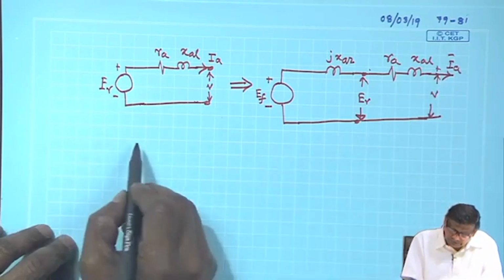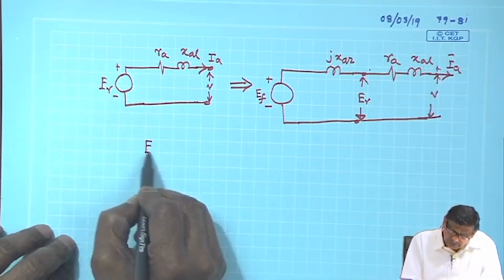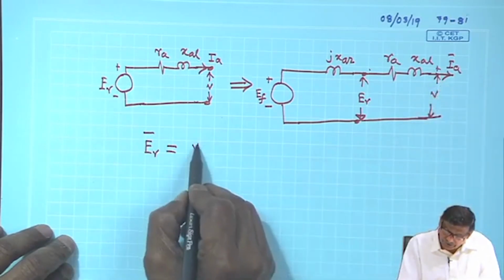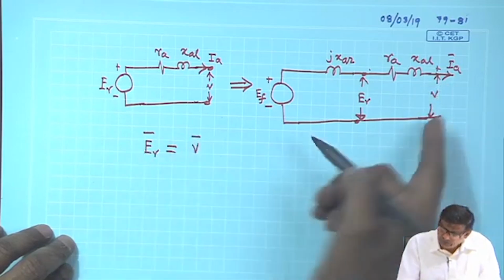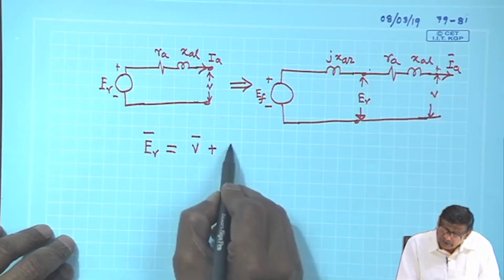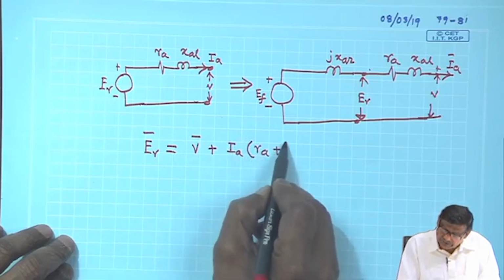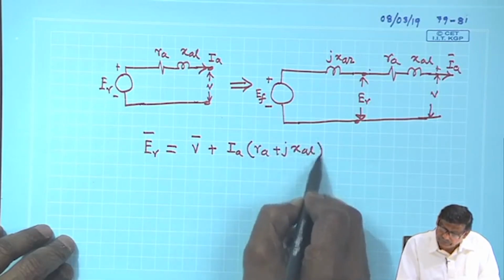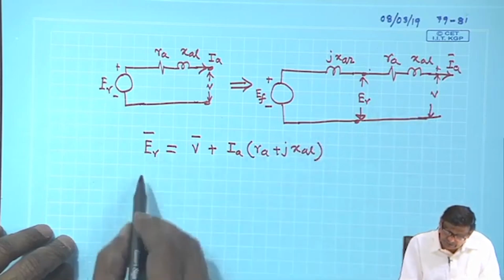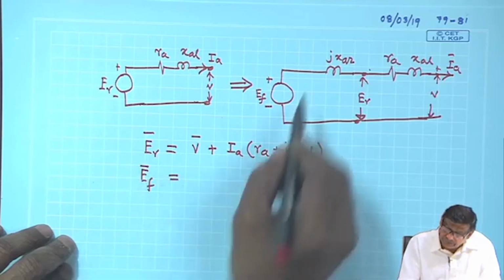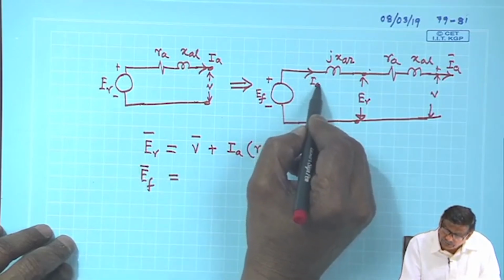So you know that ER, if you start from this terminal voltage, will be V, these are all phasors, plus IA into RA plus J XL, you will get ER, and your EF is nothing but, same armature current is flowing.